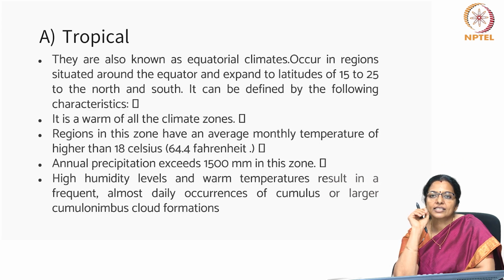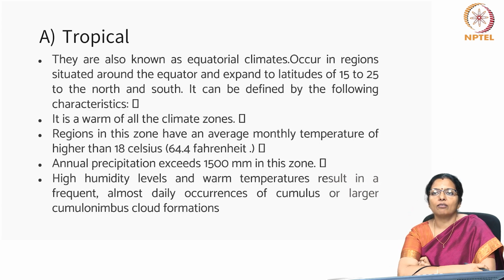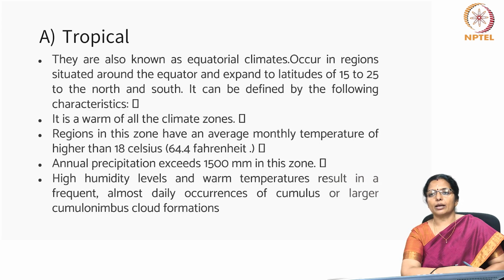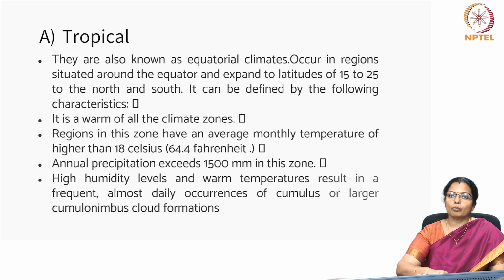Annual rainfall exceeds 1500 millimeters. It has high humidity and warmth, leading to frequent cumulus or cumulonimbus cloud formation almost every day. This climate nurtures lush rainforests and diverse ecosystems. Understanding tropical climate helps us appreciate their importance and how they support life on our planet.